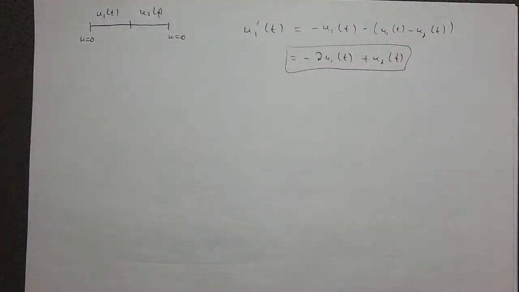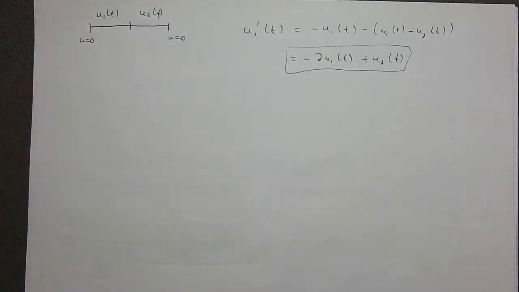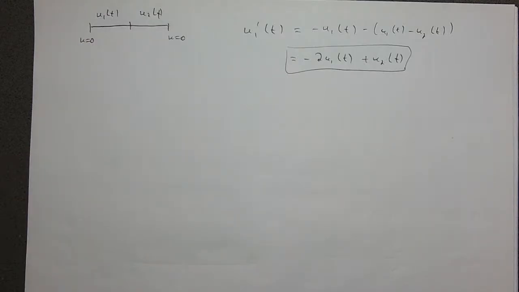You can note that we had to include negative signs here because we're discussing the rate at which heat was leaving the first region. That's why we have minus signs here. We assume that the temperature is 0, that it's fixed at the ends. You can think about this being a region outside of the rod, if you like.